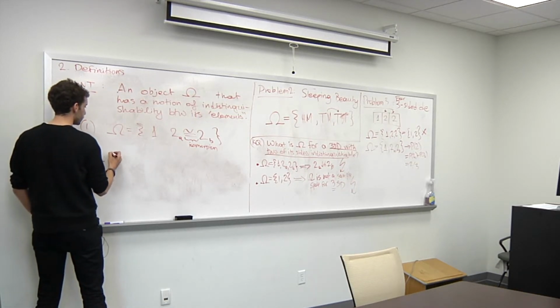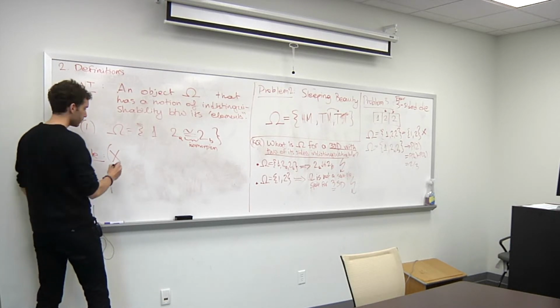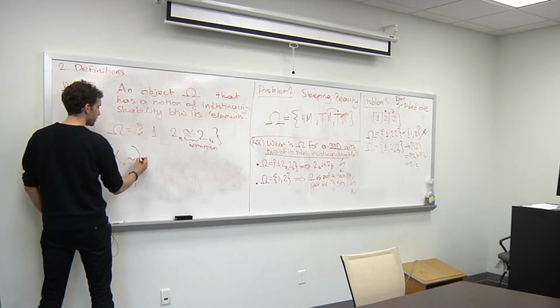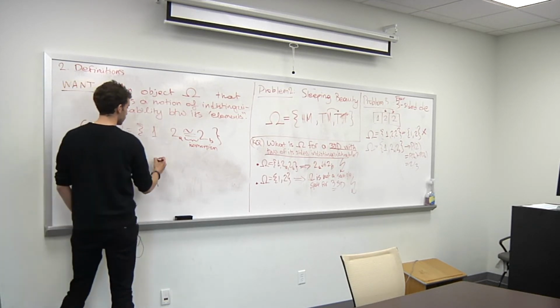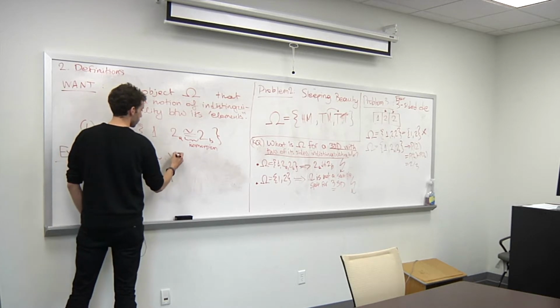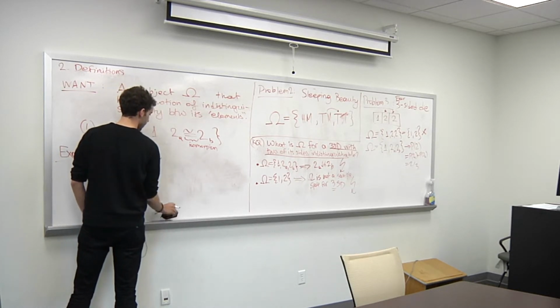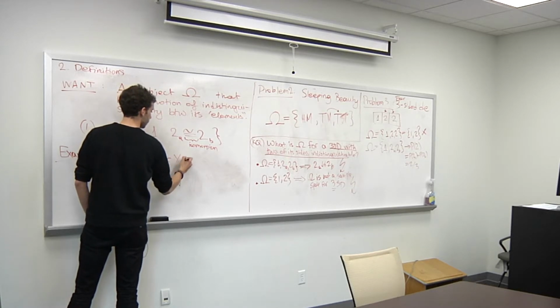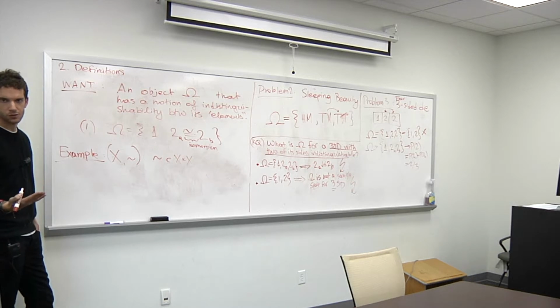So, for example, take a set X and let this be an equivalence relation on the set X. So this can be thought of as a subset of X times X. It's a symmetric, transitive, reflexive relation on the set X.